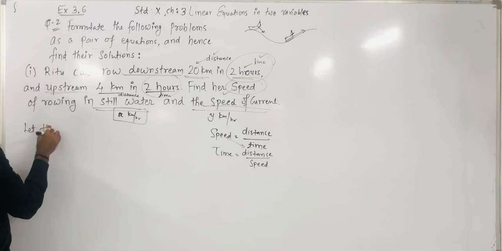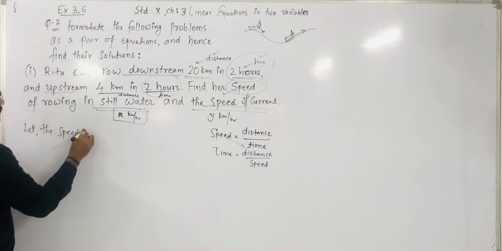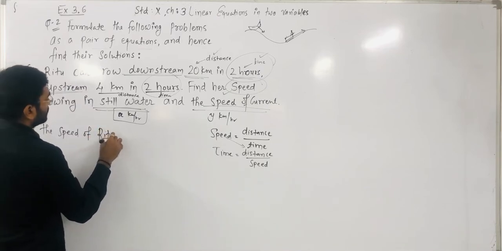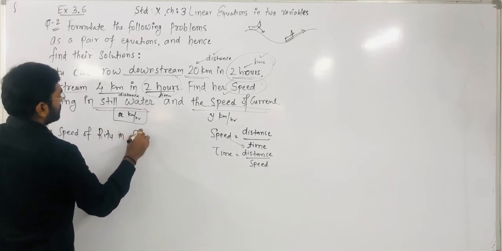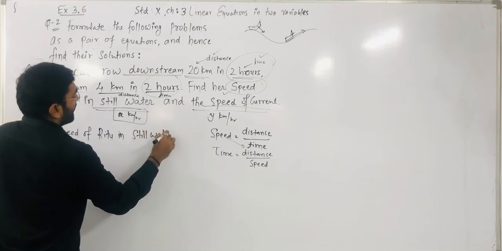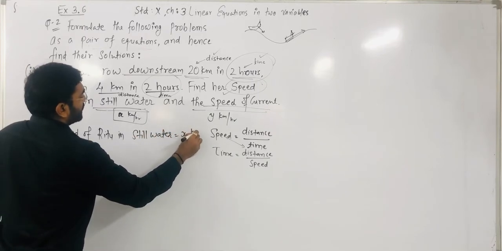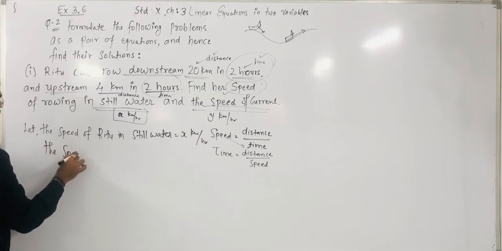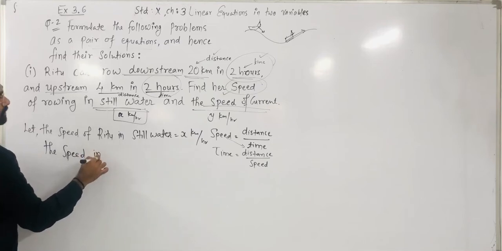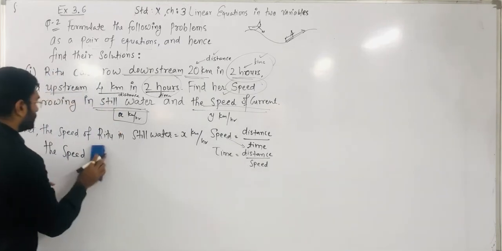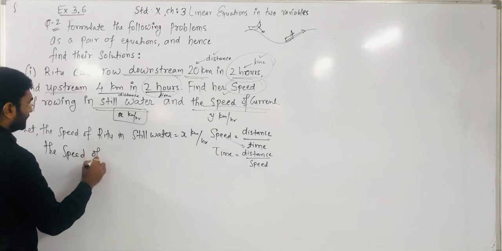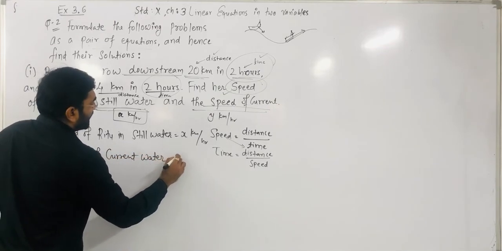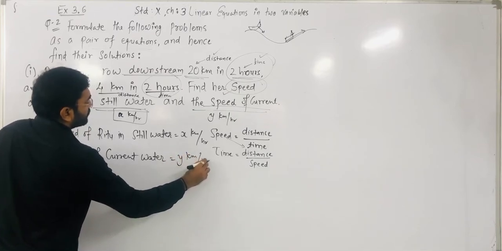So let the speed of Ritu in still water be x kilometers per hour, and the speed of the current water be y kilometers per hour.